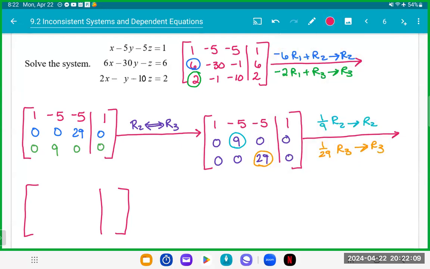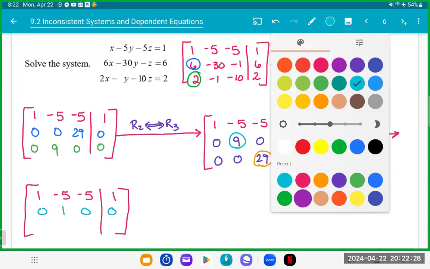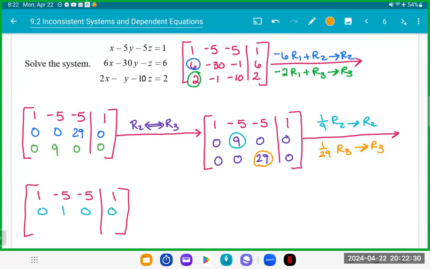So row 1 stays the same, 1, -5, -5, 1. And so this becomes 0, 1, 0, 0. Okay. And this one becomes 0, 0, 1, 0. Okay.